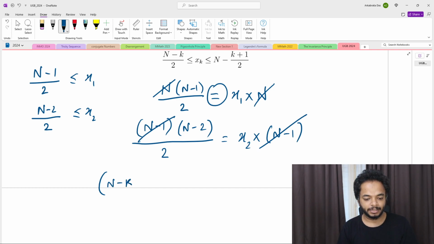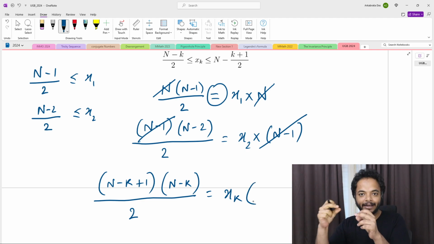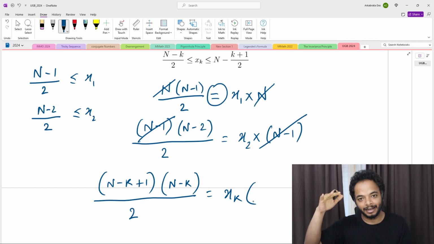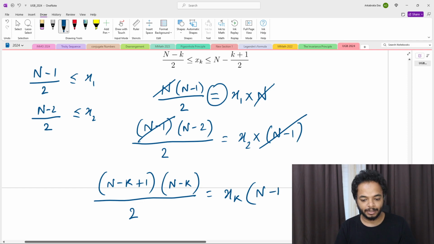N minus k plus 1, and that times N minus k divided by 2 is equal to the sum of xk till xn. I'm considering that teams Tk till TN get the least when all of them have won the same number of games. Then we get that this is nothing but N minus k plus 1.